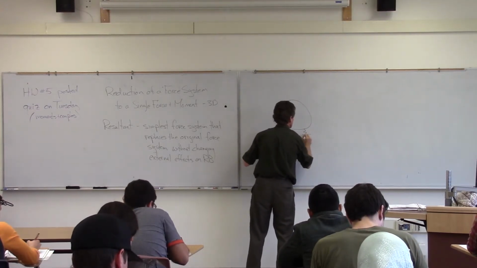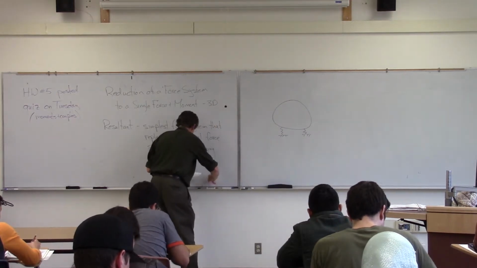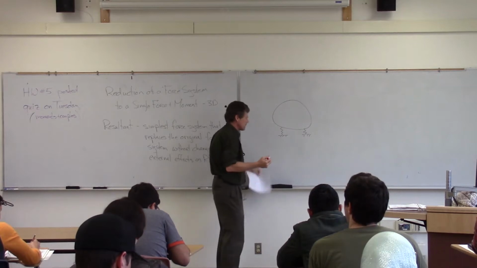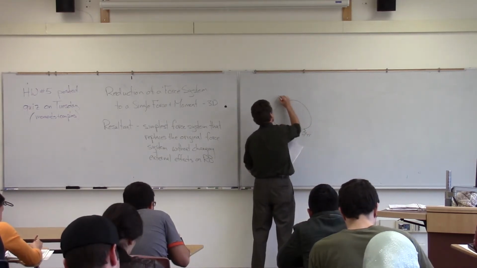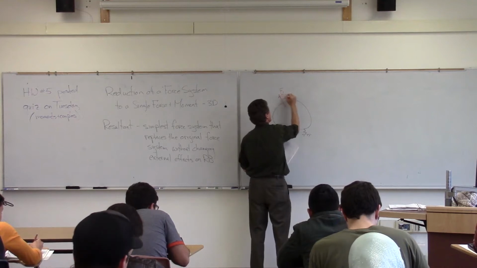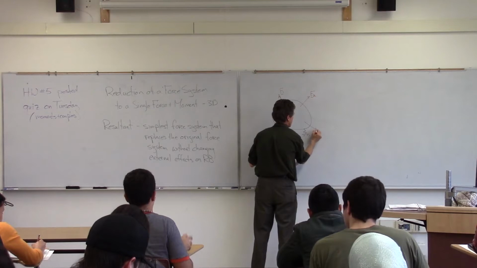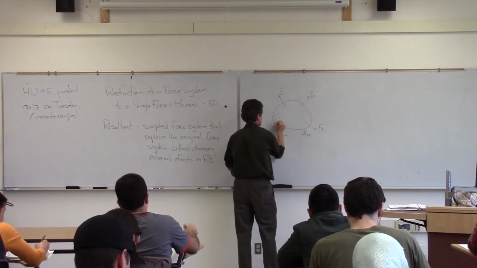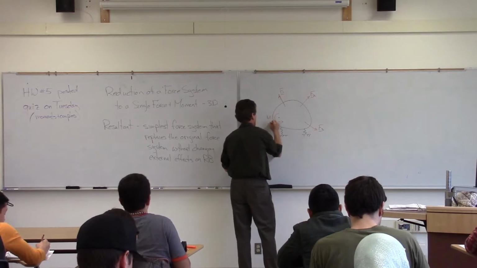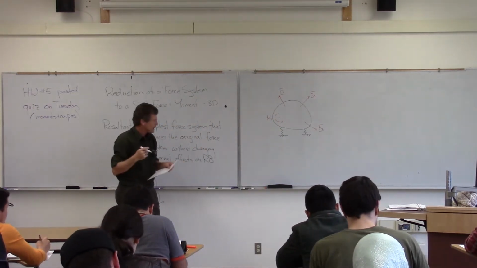So again, we'll start off with our engineering baked potato that we always like to look at. And what we're going to have is a set of forces and couples acting on this system.